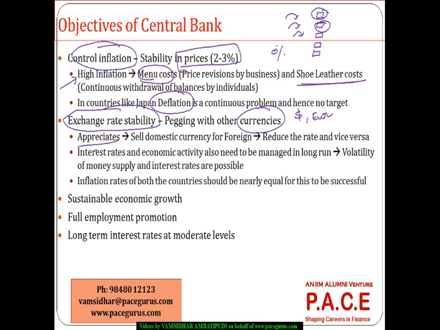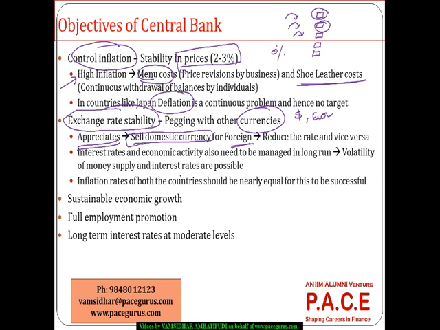And what they typically do in this process is, when their domestic currency is appreciating, they sell the domestic currency. So more domestic currency is getting sold, and the exchange rate is coming back. They are selling the domestic currency for the foreign currency, so more sales are happening on the domestic currency, the exchange rate is again falling, and it is coming back to normal.